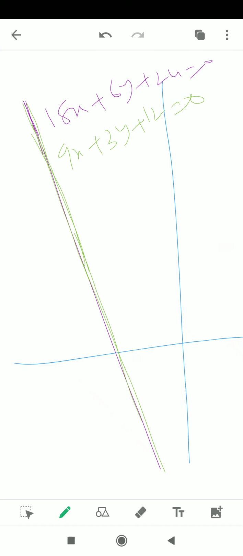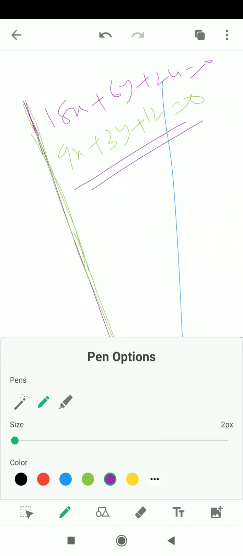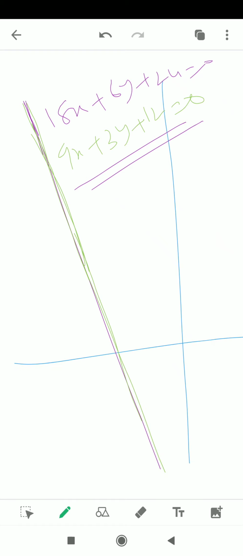But if you observe here, this equation is nothing but this one multiplied by 2. See, 2 9s are 18, 2 3s are 6 and 2 12s are 24.